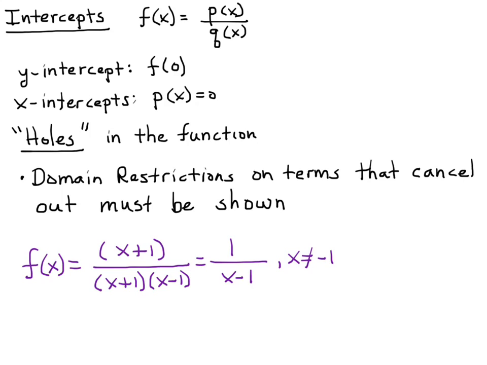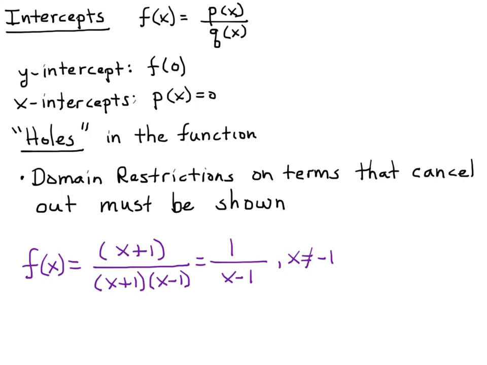We can simplify that by canceling the x plus 1 factor in the numerator and the denominator. So we know that x can't equal negative 1 even though we've simplified it, and this would make perfect sense, 1 over x minus 1 at minus 1, right? That'd be 1 over minus 2. But since our original function had those factors in there, it's a domain restriction, and so we have to exclude that from the graph.